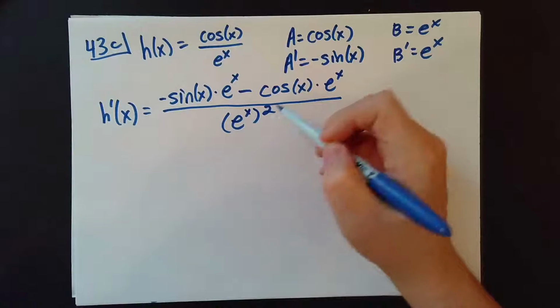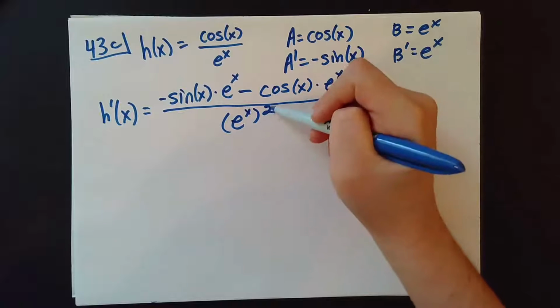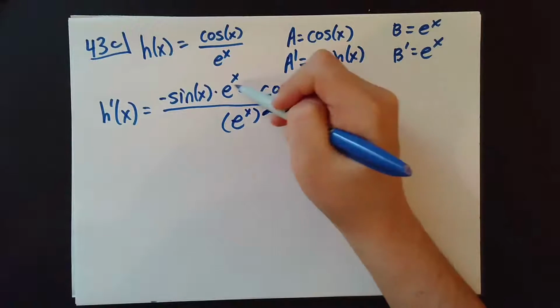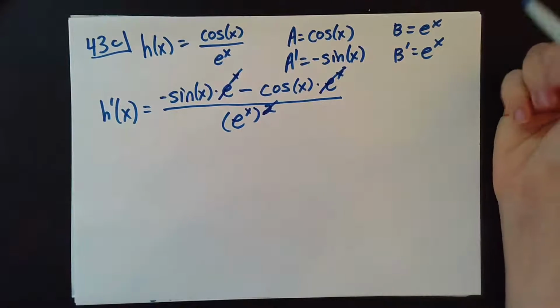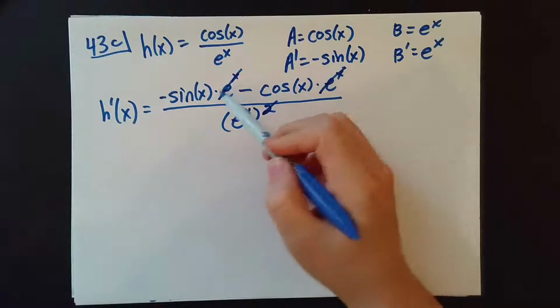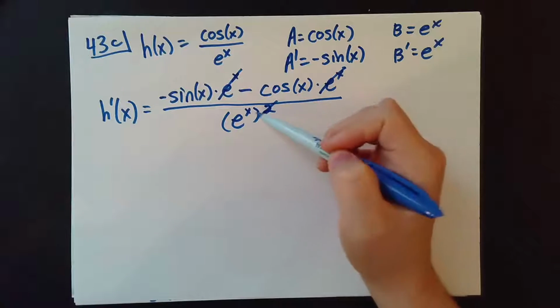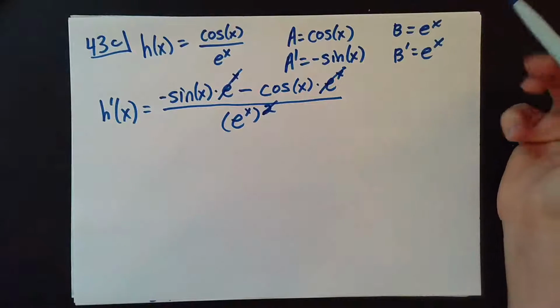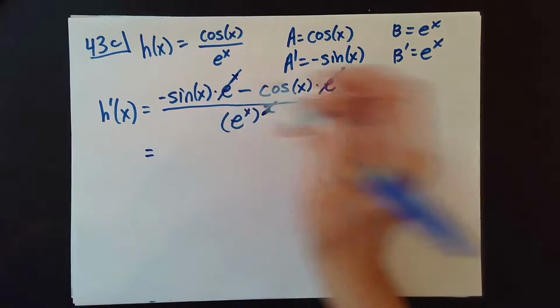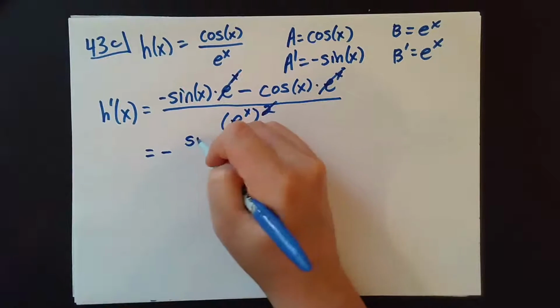I can cancel one of these e to the x's in the denominator with both of the e to the x's in the numerator. Basically, that's saying I can factor this e to the x out of both of these and then cancel it with one of the ones from the denominator. And I can factor a minus sign out of the front.